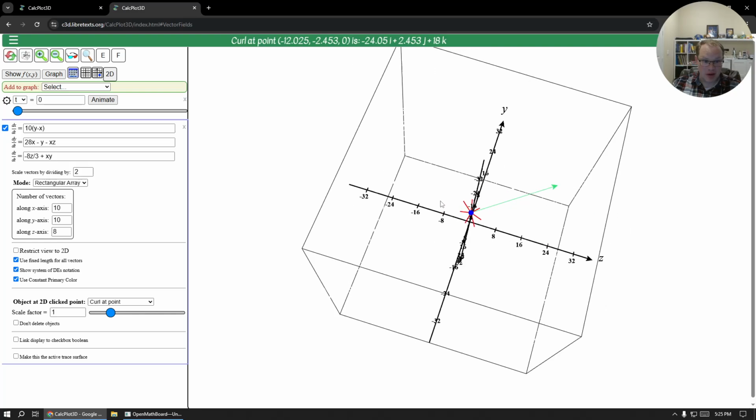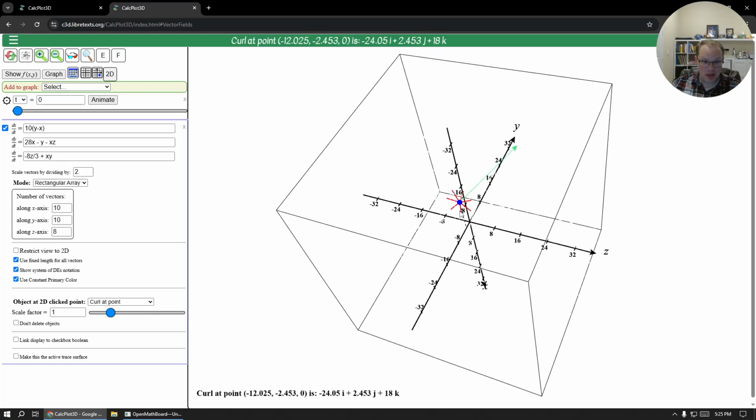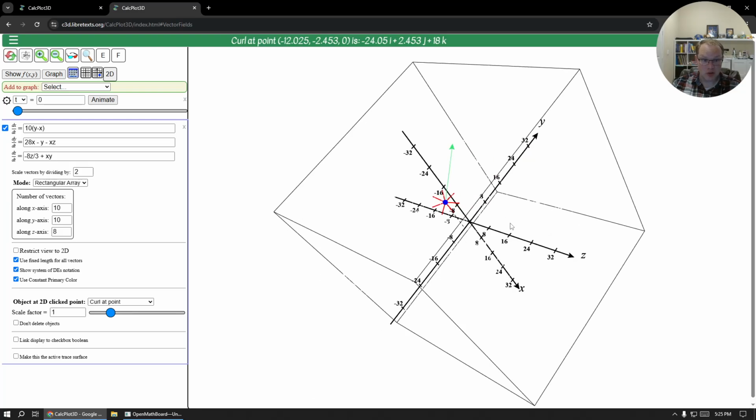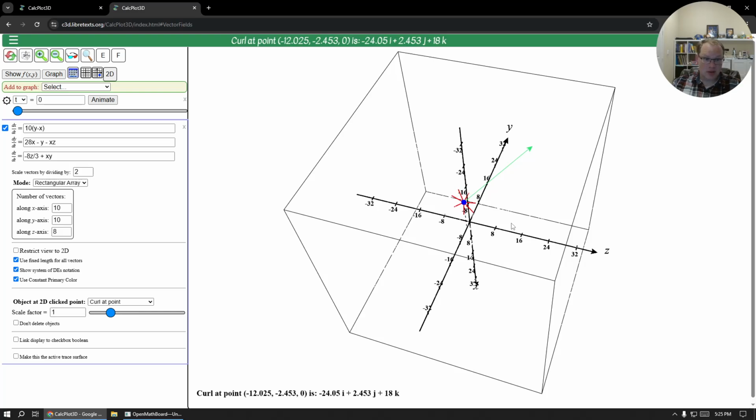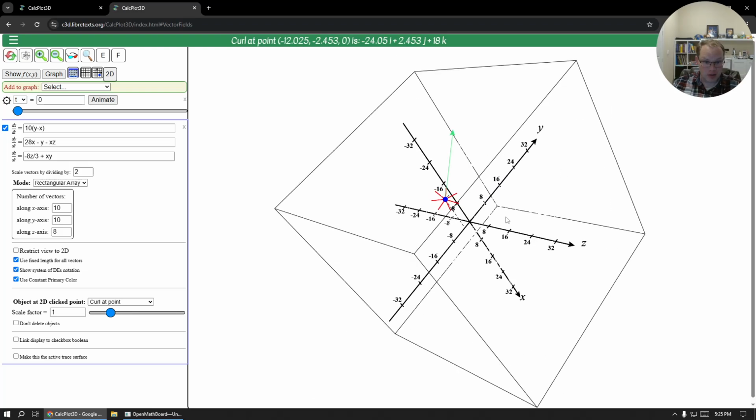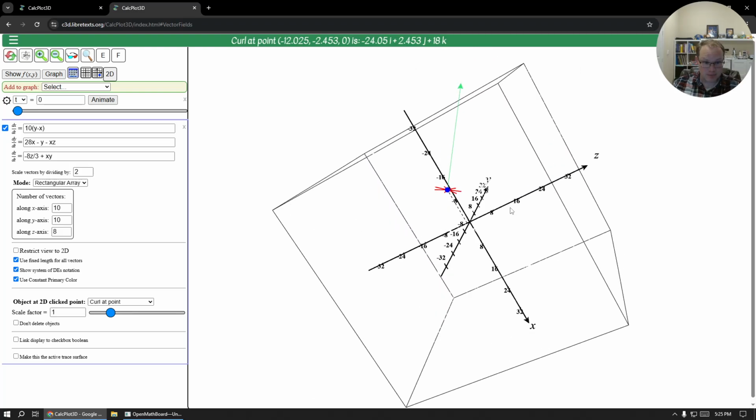The propeller there is rotating in the plane of rotation, in the direction of the curl. Notice it follows the right-hand rule. If the fingers of your right hand move in the direction of the rotation, then your thumb is pointing in the direction of the vector you get, and that's the curl vector in 3 dimensions. Okay?